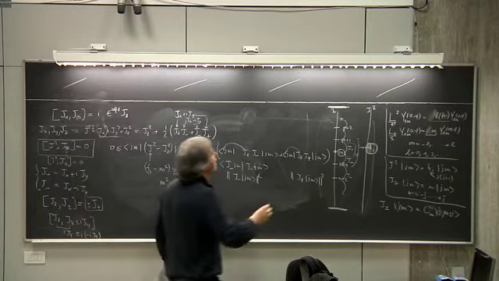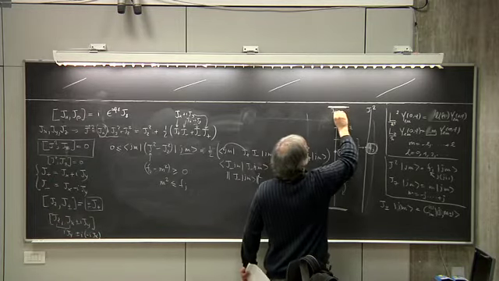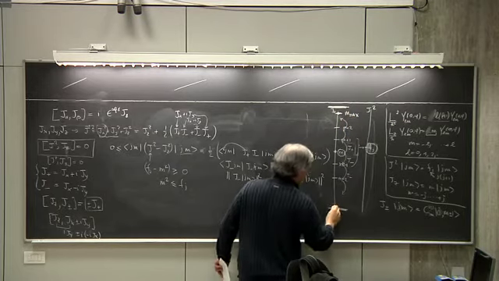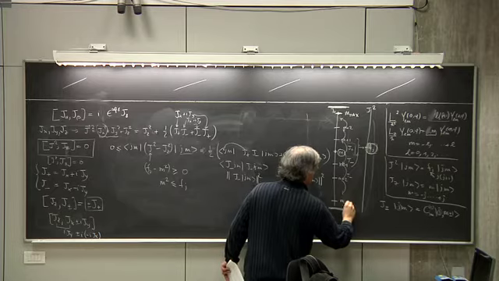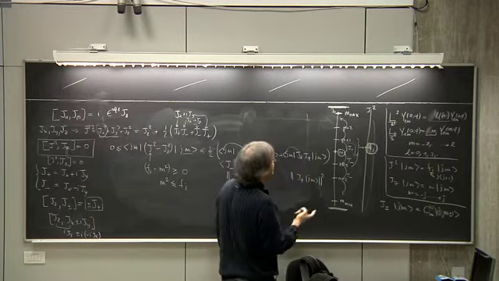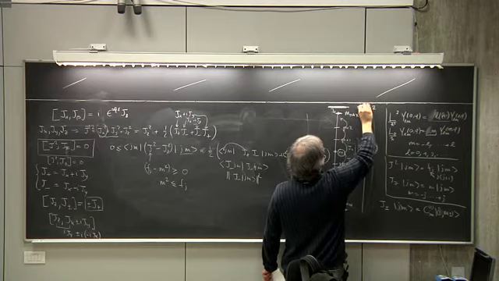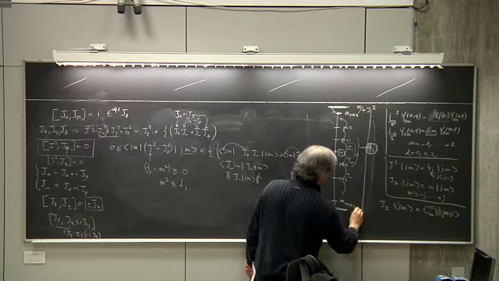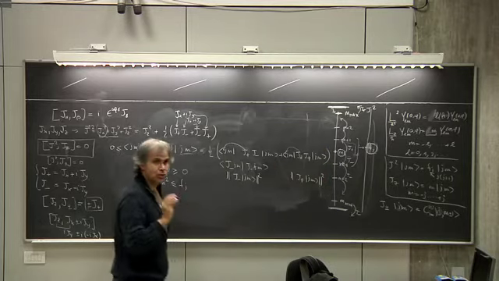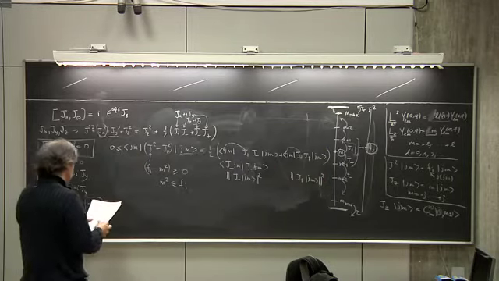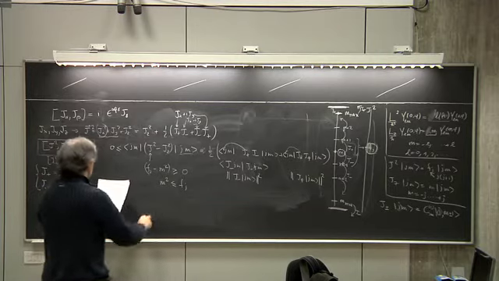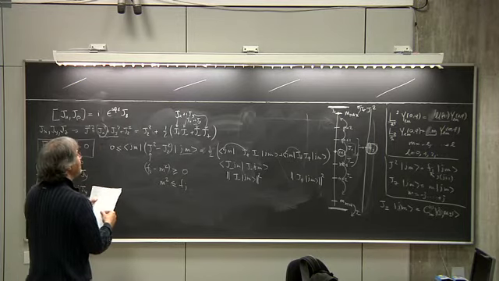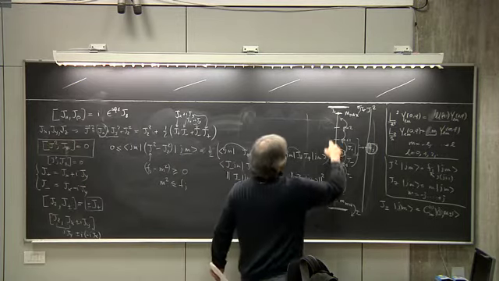Therefore, there must be some value, let me call it m max, and some value here, m min, such that if I act on this with j plus, I should get 0. And similarly, if I act on this with j minus, I should get 0, as a state. In other words, this forces me to state that there must be two particular states.